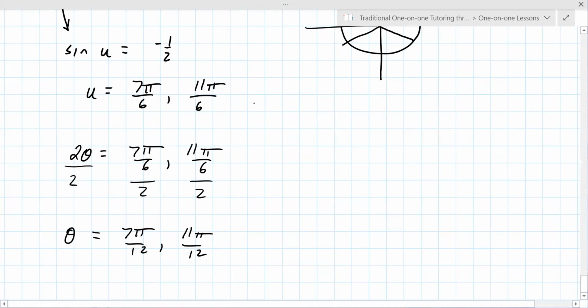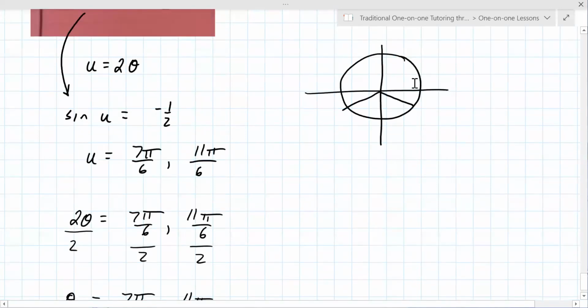Okay. And the thing is that there's actually more answers here. And this is where I don't know how much we should dive in. The reason is because it's not only 7 pi over 6, but if you go all the way around again, it's 7 pi over 6 plus 2 pi.